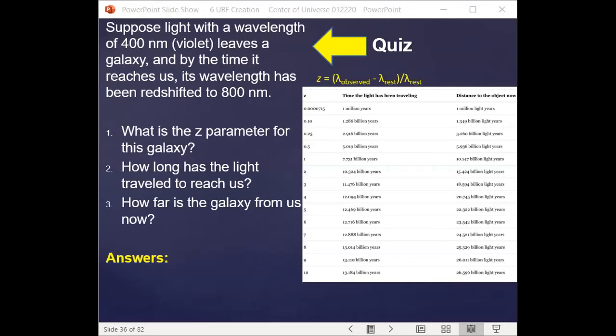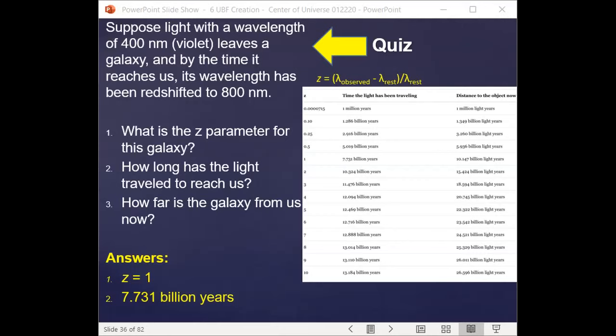Now, z is 1, and in this table, select z is 1. That is the fifth row. Now, second question: how long has the light traveled to reach us? It is 7.731 billion years.